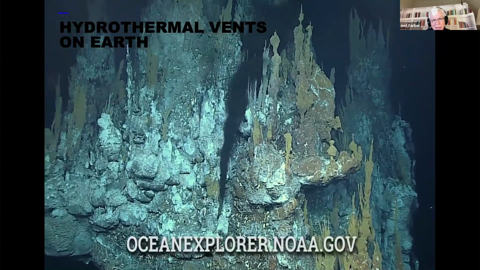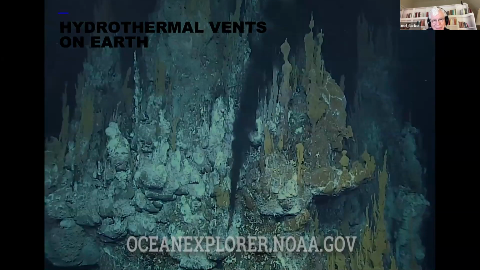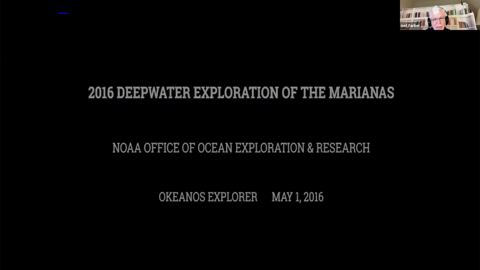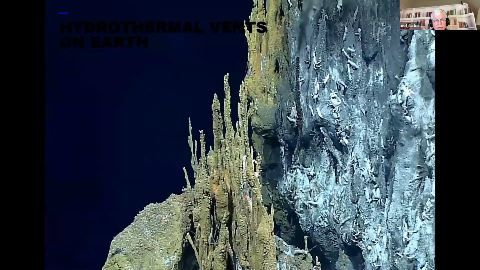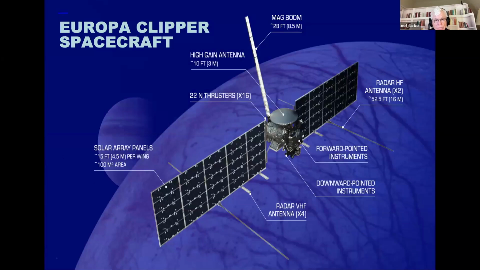Now, what does that mean? Does that mean that these are aliens? No. What it means is that there's a good possibility that some aspects of life formed in these hydrothermal vents.